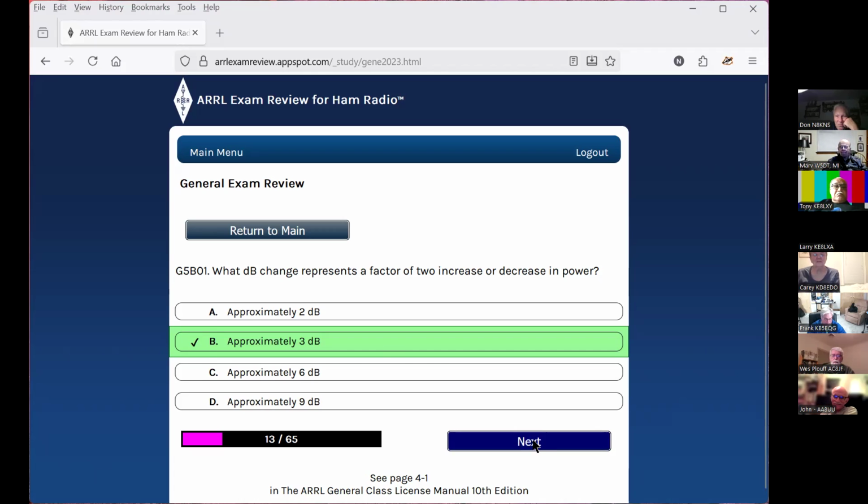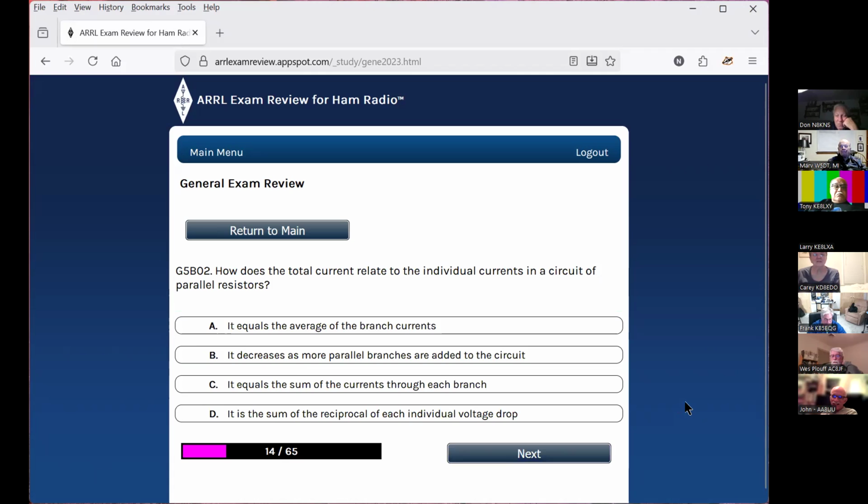How does the total current relate to the individual currents in a circuit of parallel resistors? A, the total current equals the average of the branch currents. B, it decreases as more parallel branches are added to the circuit. C, it equals the sum of the currents through each branch. Or D, it is the sum of the reciprocal of each individual voltage drop.